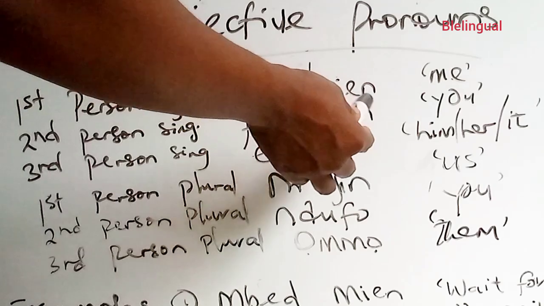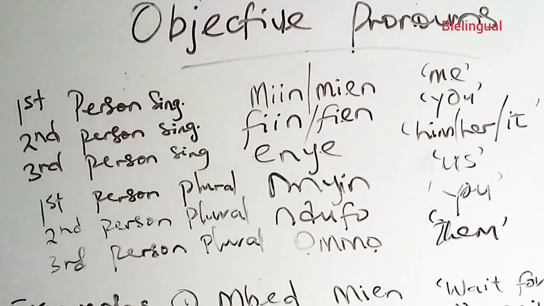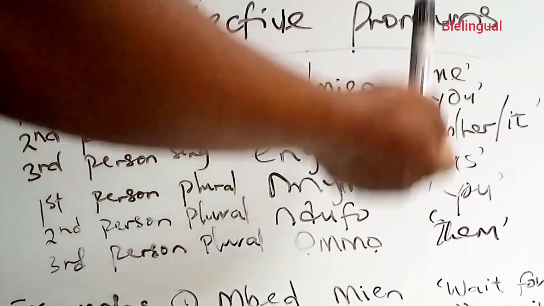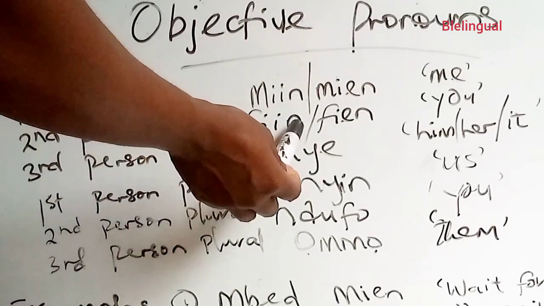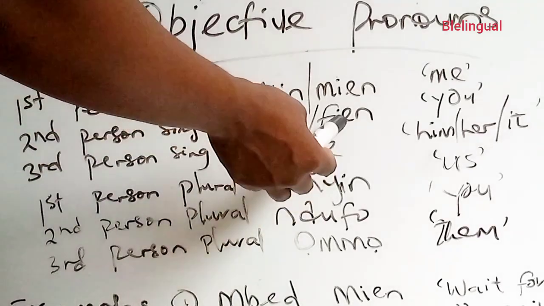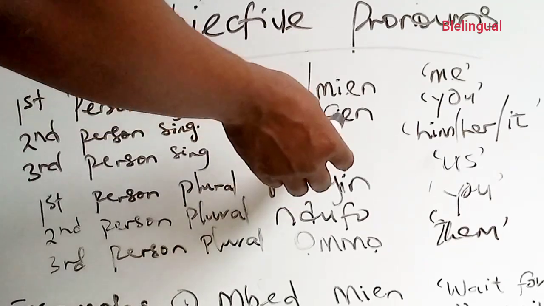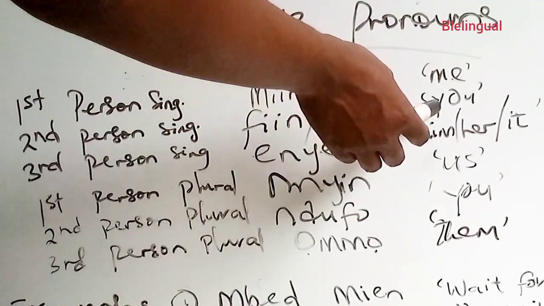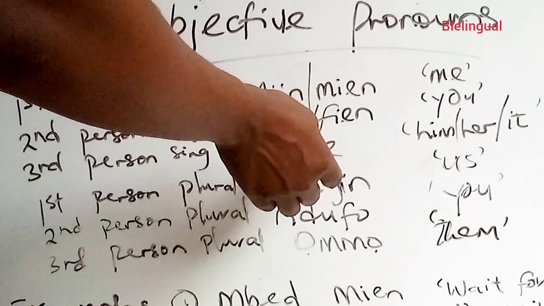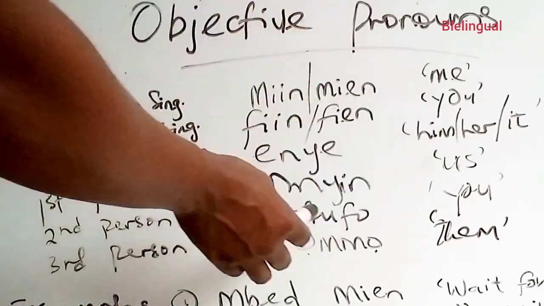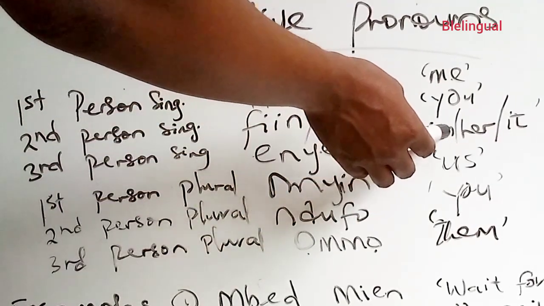In the second person singular, we have fin or fien, that is you. Then in the third person singular, we have enye, that means him or her or it.